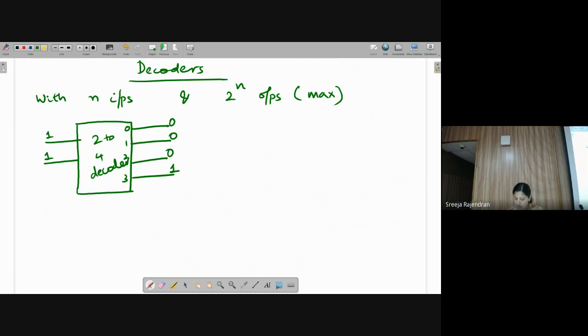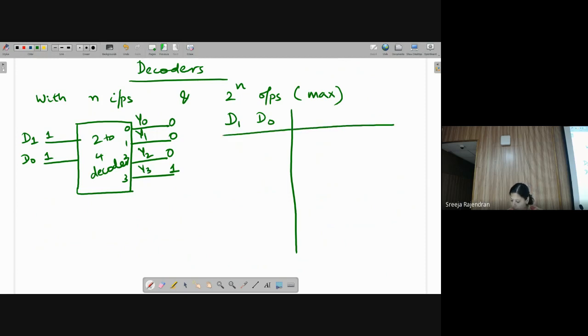I call these inputs D1 and D0, and my outputs Y0, Y1, Y2, Y3. If I write a truth table for this, I have 4 outputs, so I have to write the output in each case. The input combinations are 0 0, 0 1, 1 0, and 1 1.